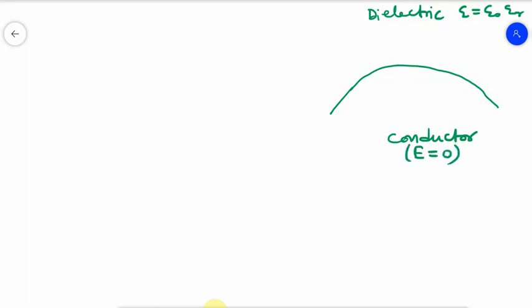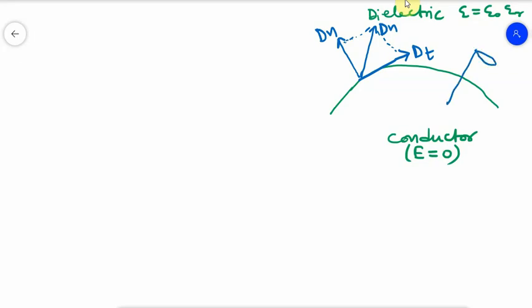At this interface separating the two media, we have to find the boundary condition. If we resolve the D component of electric flux density, the tangential component would be Dt and the normal component will be Dn, and D will be the resultant of these two components.